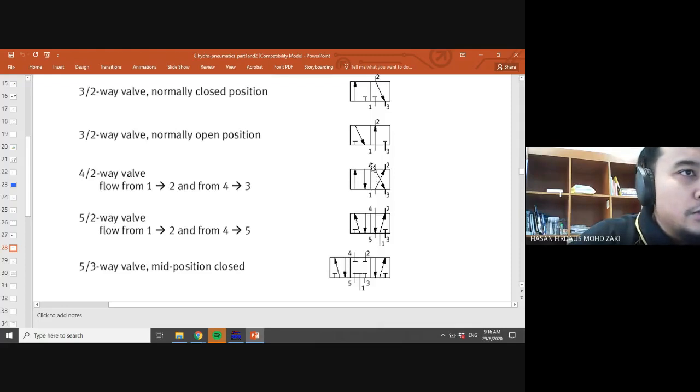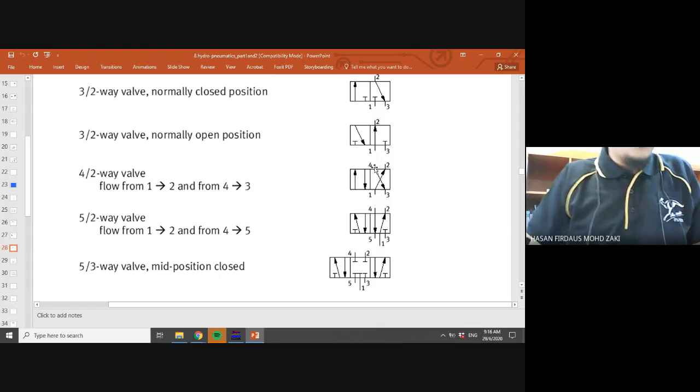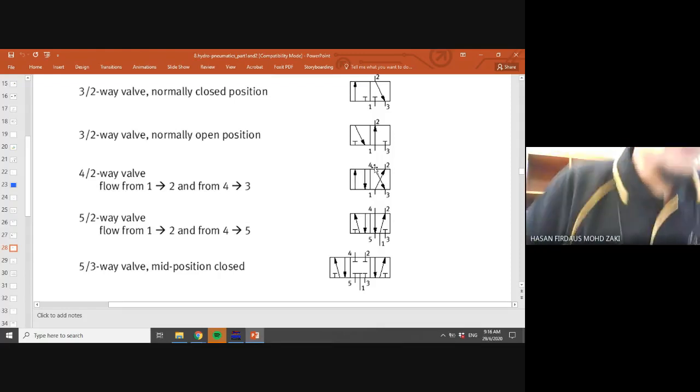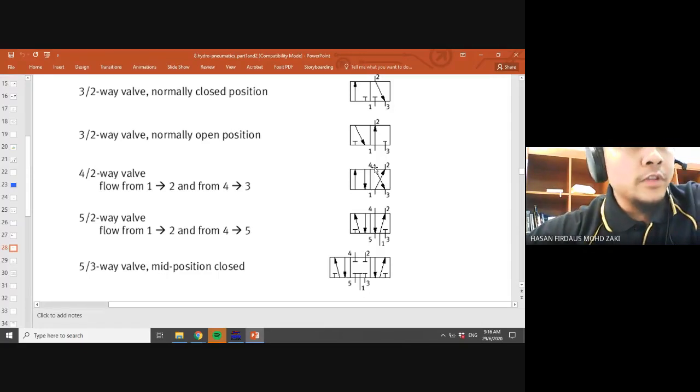And then from the cylinder, go to port number 4, right? So 1 for the source, 2 and 4 are the controlling ports, and then from 4 to 3.